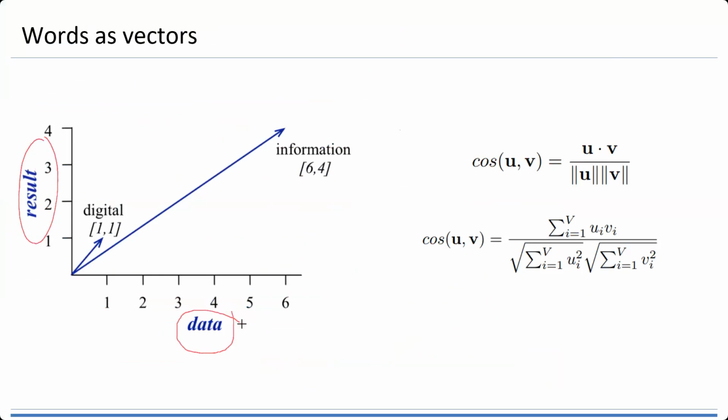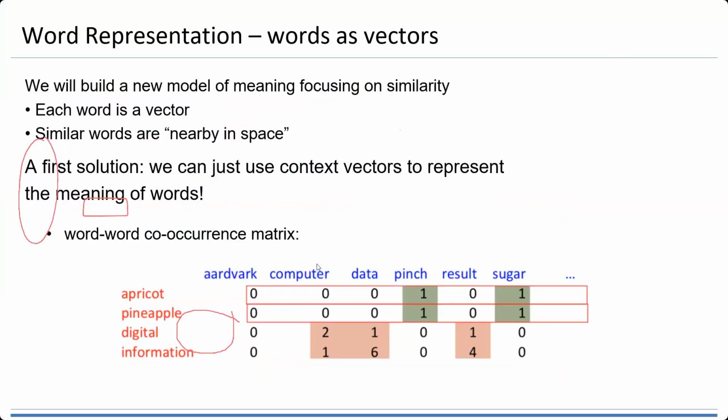Look at the word digital: it shows that there is 1 with data and 1 with result.